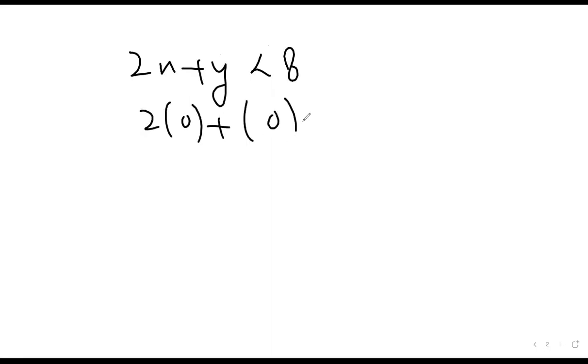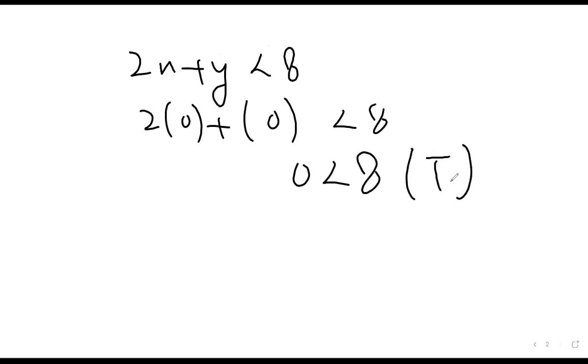Whenever we have an inequality like 2x plus y less than 8, we always do the origin test. It's true, the situation is true. That's why we shade toward the origin.